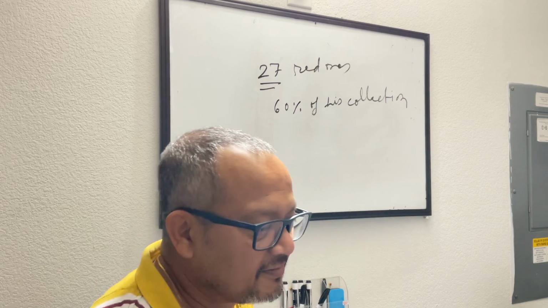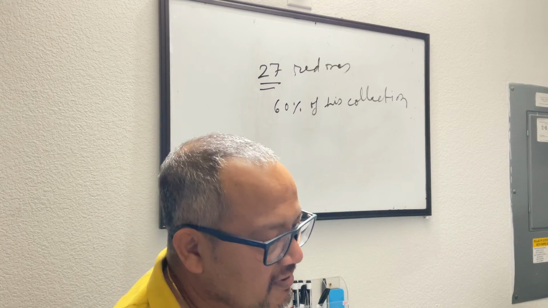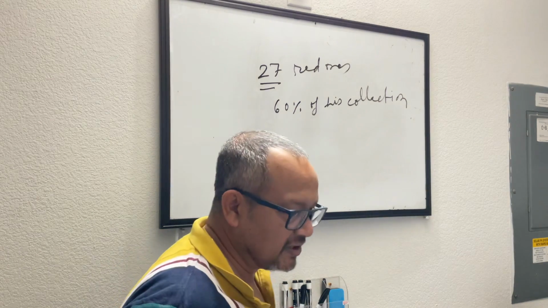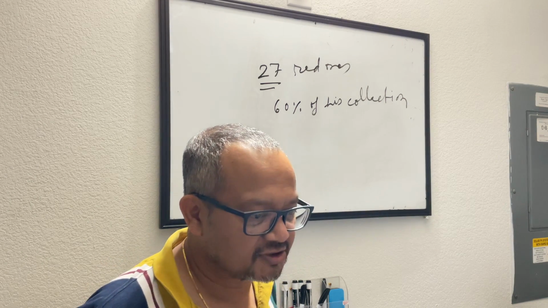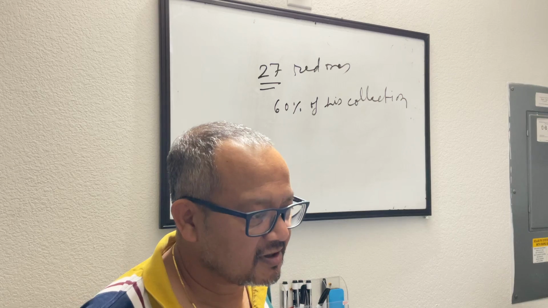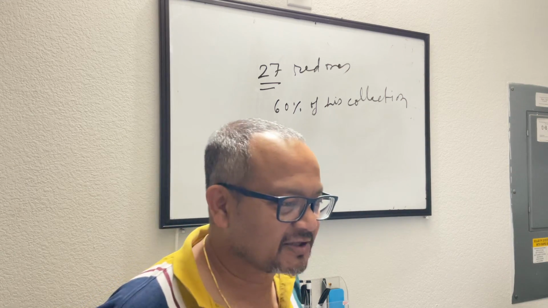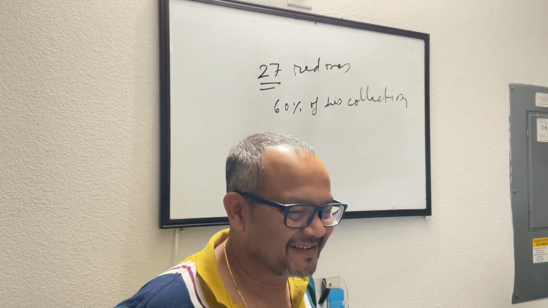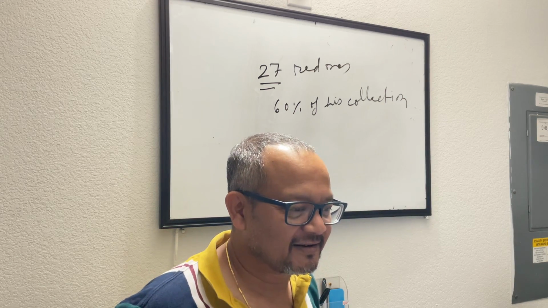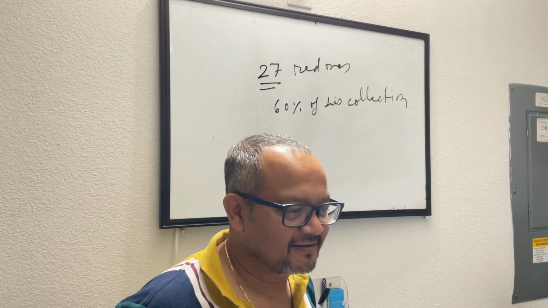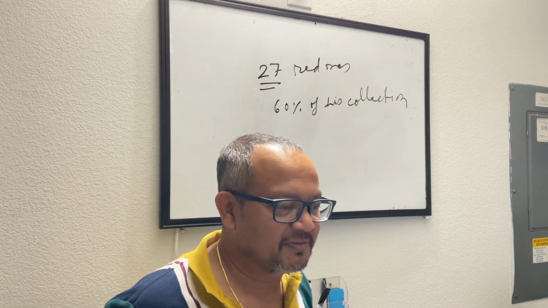I got 36 cars. We'll see. How about Ayush? What is your answer? I got 40. Wait, I checked and I got 40. Keep checking, keep reviewing.